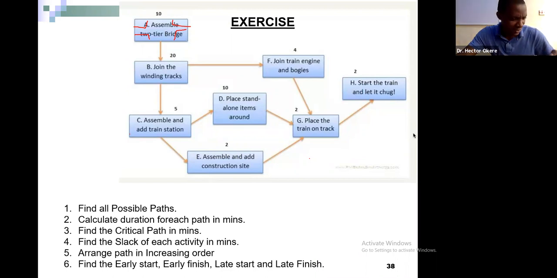Group 10. Is there group 10? What are the duration for each path? Just add the value, duration.